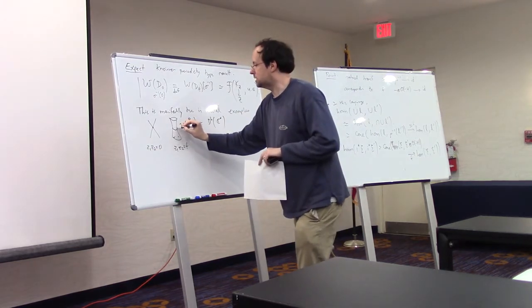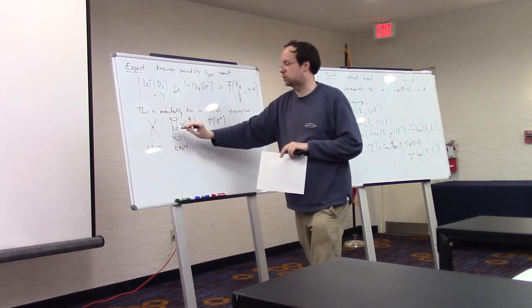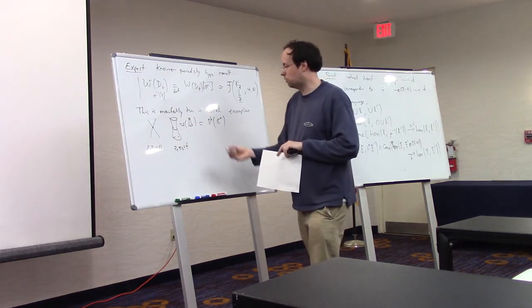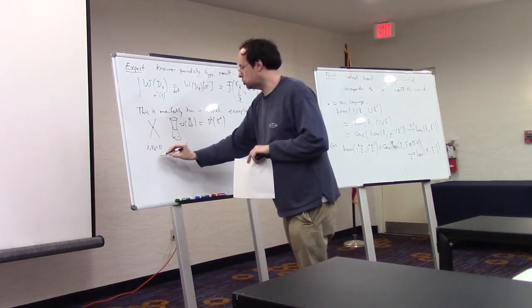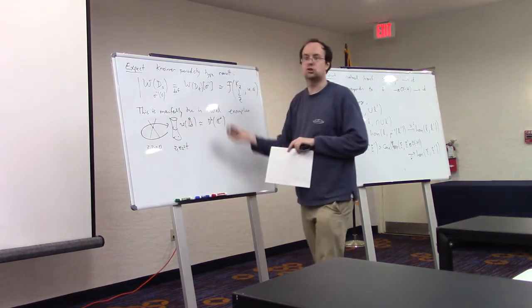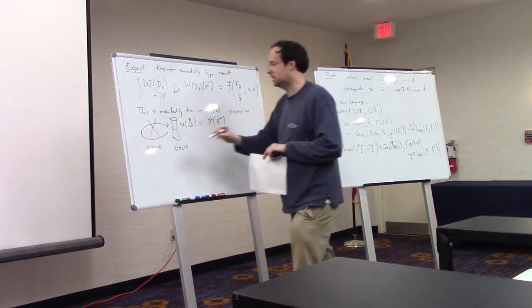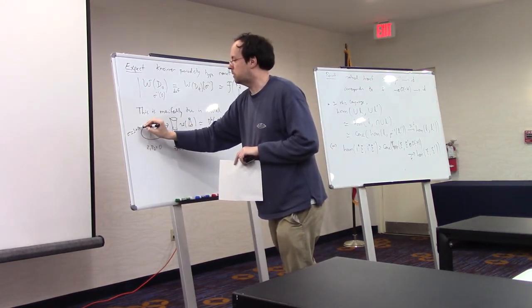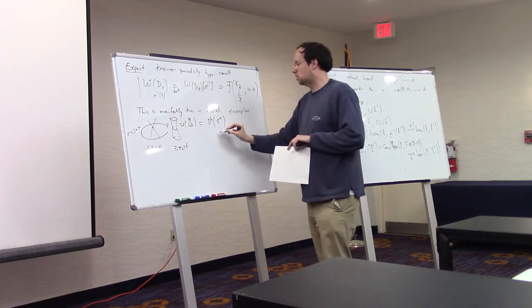The vanishing cycle for this nodal degeneration is just a loop here, which is mirror to the skyscraper sheaf of a point. And the monodromy is the Dehn twist, which is just identity in this case, but the natural transformation is multiplication by 1 plus x on this.